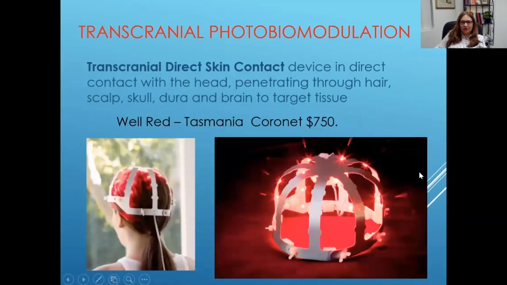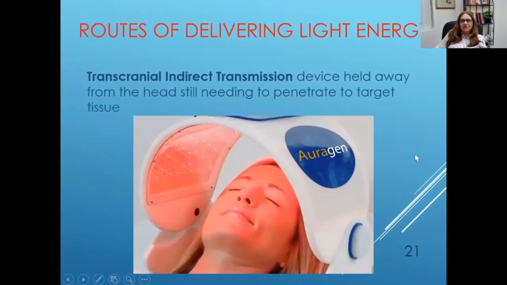This particular device, which is another form of helmet called the coronet, and you can see this placed on the head, can be either visible red and infrared or just infrared, and it is $750 US. Now, this is a different type. This is an indirect. So this isn't making direct contact, but you can see light energy that is being delivered around the head to have a similar impact.